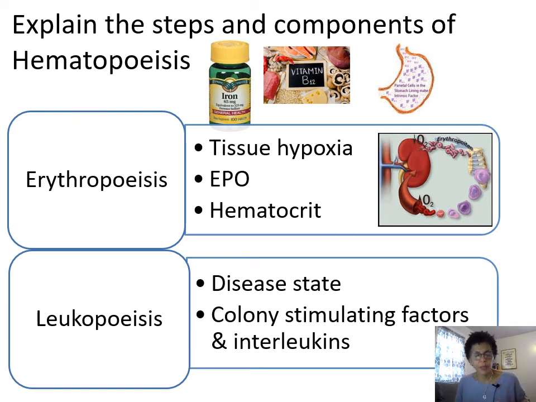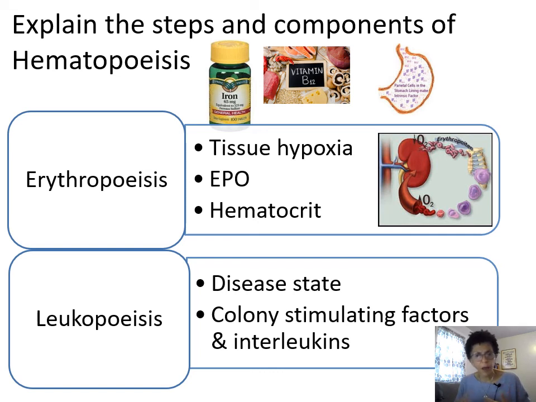So erythropoiesis. Again, the end result and the purpose is to make red blood cells, make erythrocytes. Well, one of the triggers for how many erythrocytes we are going to need to make right now is something called tissue hypoxia. As blood travels through your kidneys, oxygen levels are monitored. And when oxygen levels are low or tissue hypoxia has occurred, cells respond to that in the kidney by secreting erythropoietin or EPO.